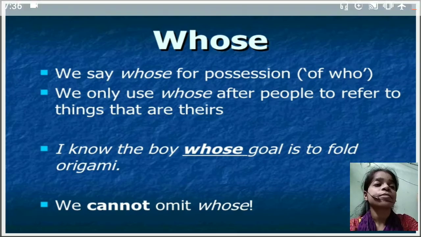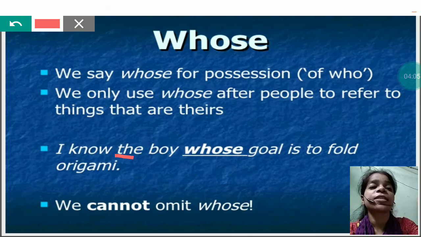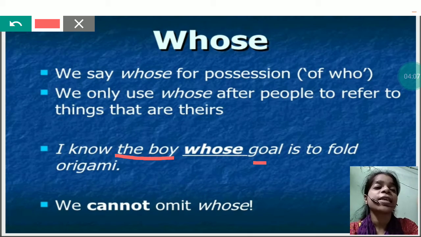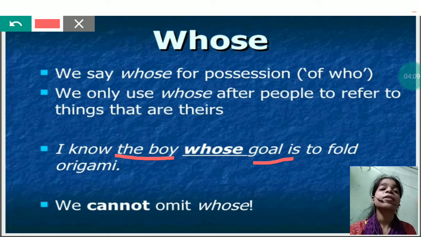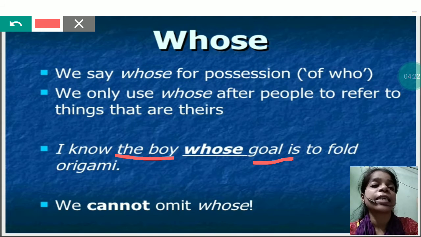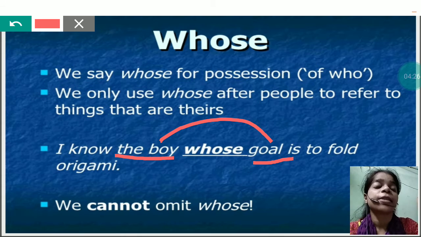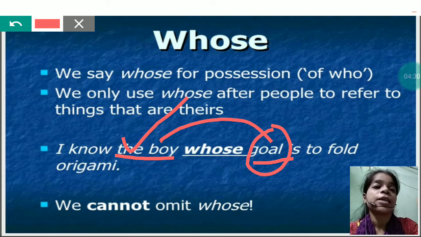Here you can see the first noun is boy, second noun is goal, and here it is shown the possession: the boy whose goal, or you can write like this also, the boy's goal. So the goal is associated with the boy, or you can say the possession of the goal is of the boy. That's why we used whose.